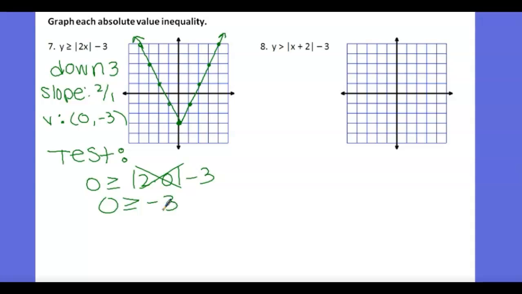A 0, 0 test point is inside the absolute value. Since that test point turns out to be true, we are going to shade inside the absolute value. So again, we pick a test point. In this case, we picked one inside our absolute value. Since our test point was true, we shade within.